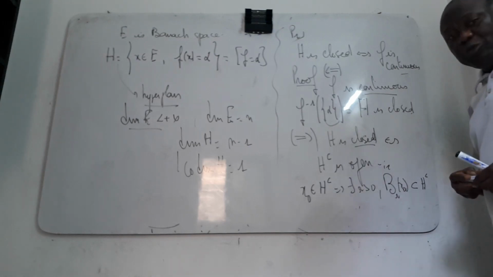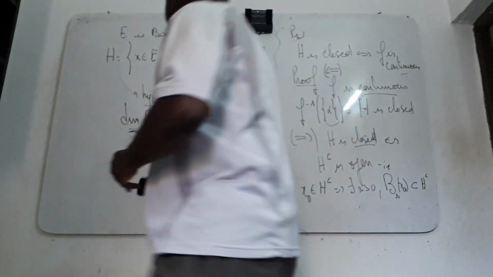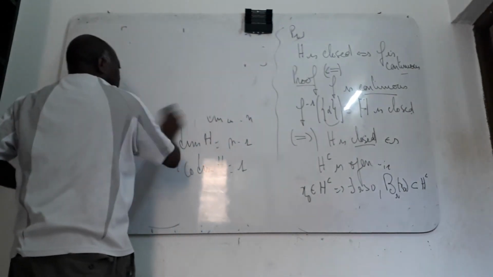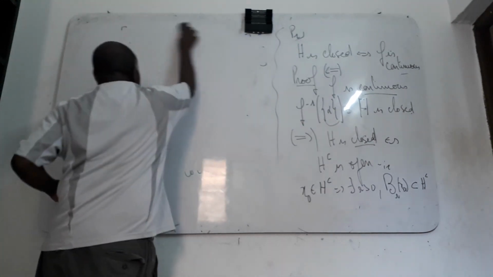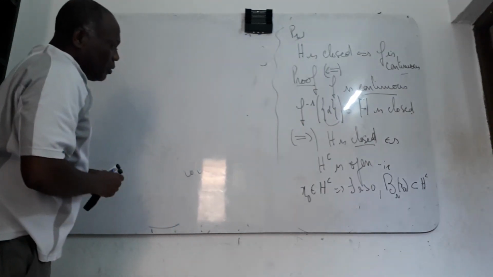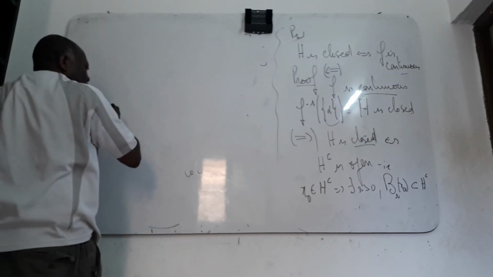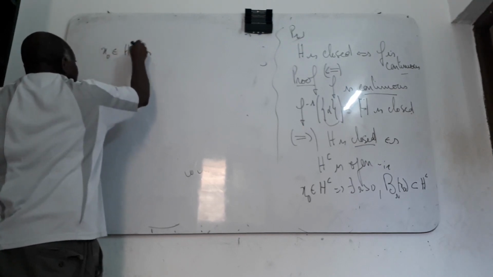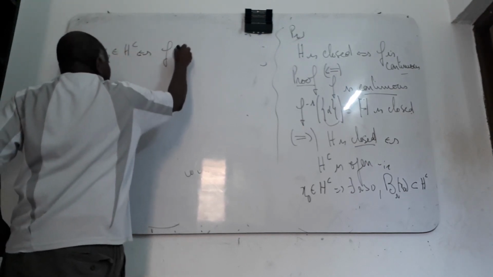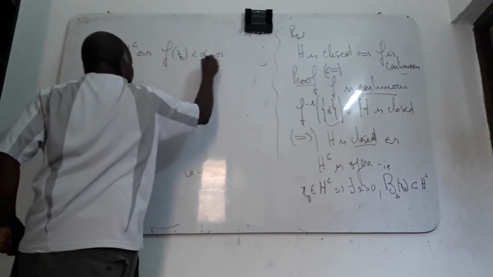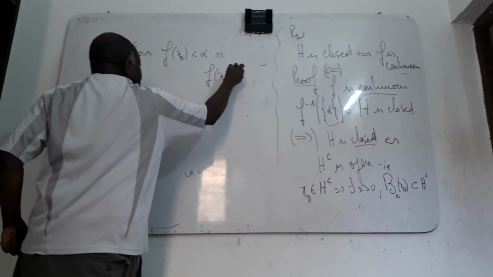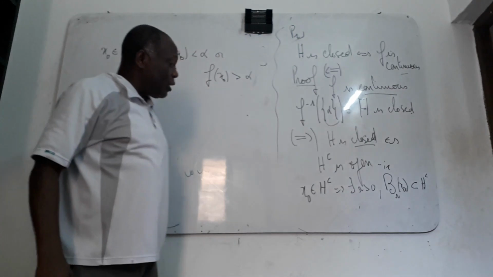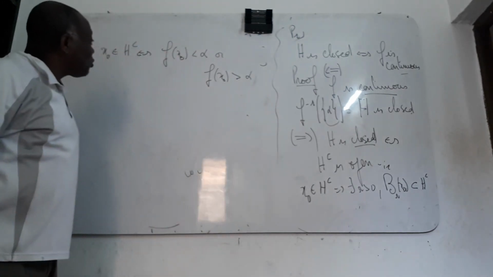Then you prove that, first of all, if x0 is an element of the complement of H, that means that f(x0) is less than alpha, or f(x0) is bigger than alpha.